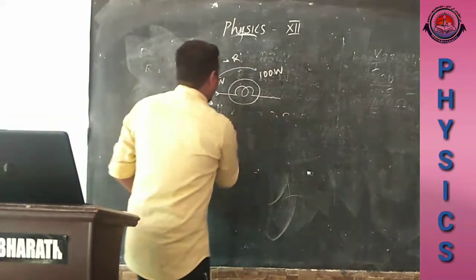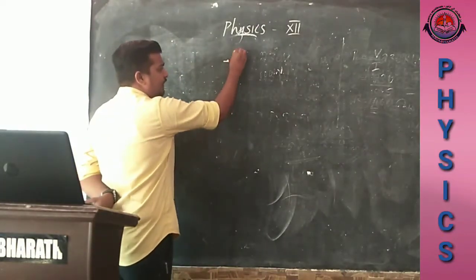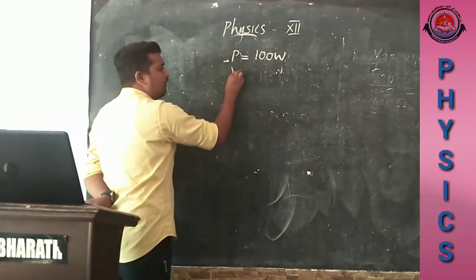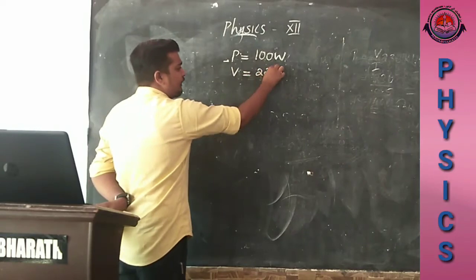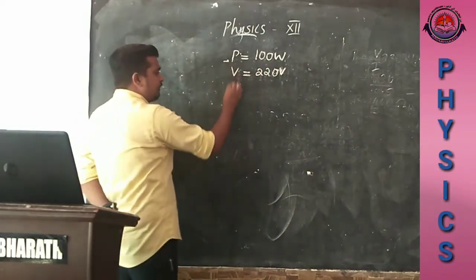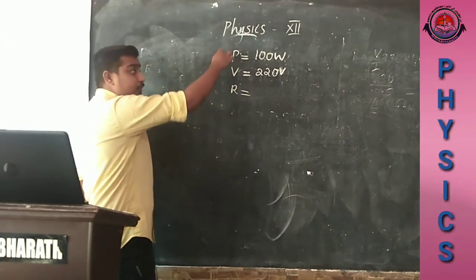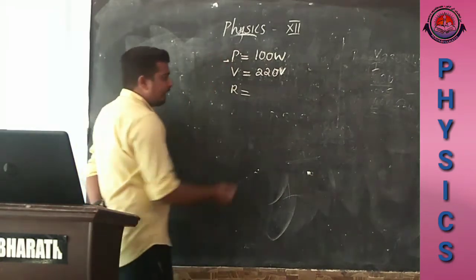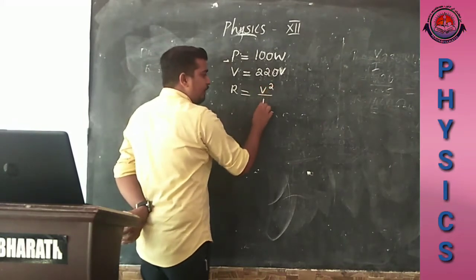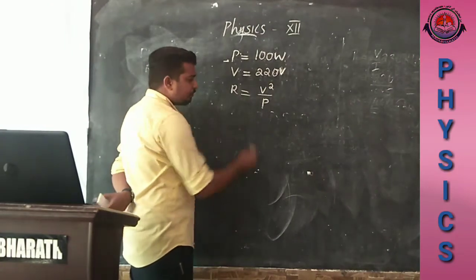Look at the first case: power P equal to 100 watt, voltage V equal to 220 volt. First we calculate the resistance of the electric bulb using these two values. We have R equal to V square by P, which we derived in the last question.